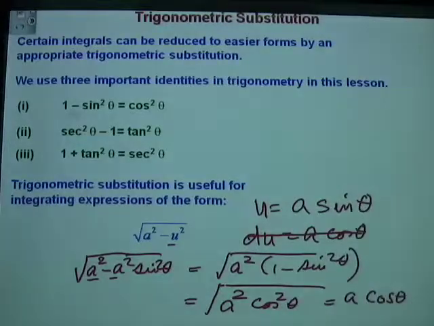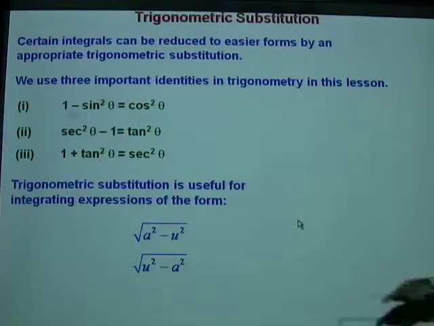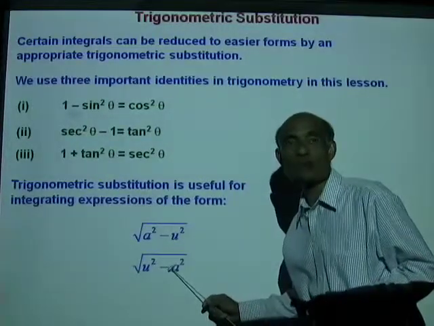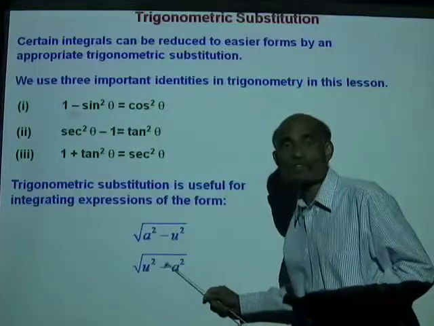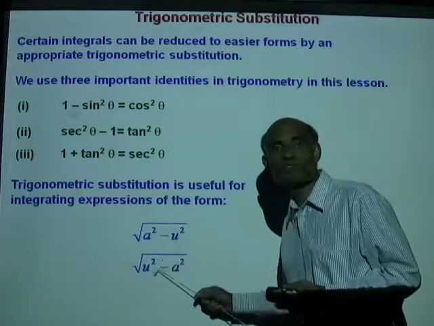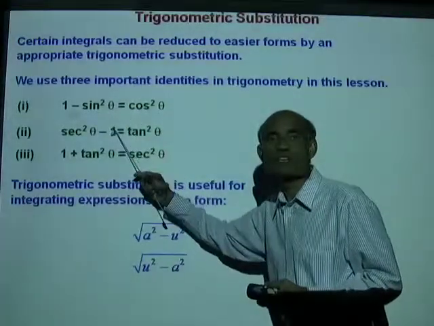Alright, let's look at another basic form. The next basic form is square root of u squared minus a squared. In order to take that square root off, what kind of substitution will you do? What will you call u equal to in these three forms?